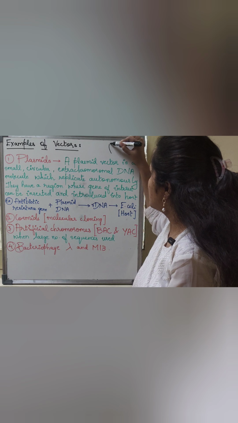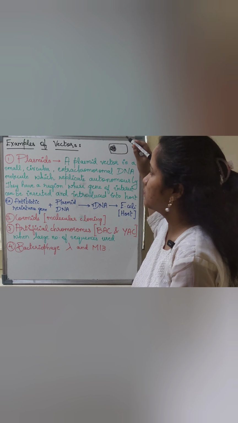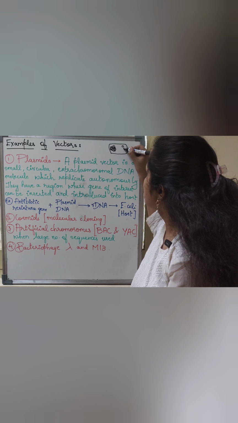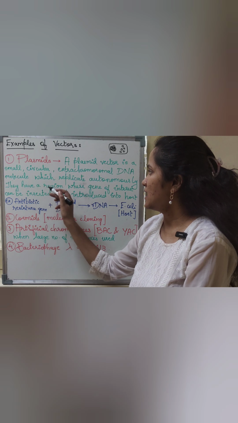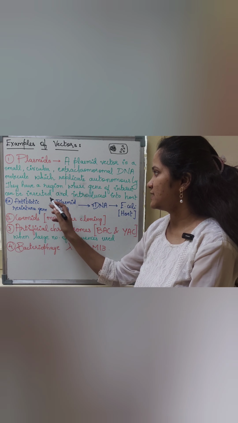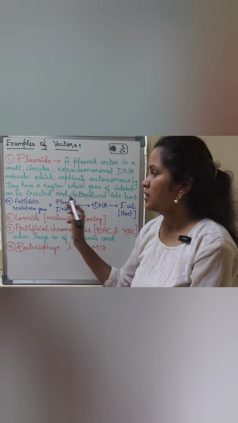So if this is the bacterial cell, we will be having the chromosomal part here. Apart from this, there are some small circular DNA molecules which we call plasmids. They have a region where the gene of interest can be inserted and introduced into the host.